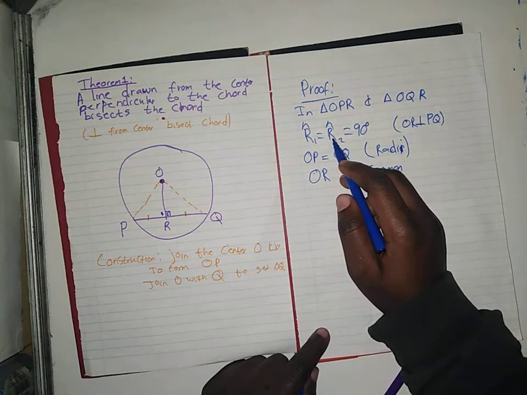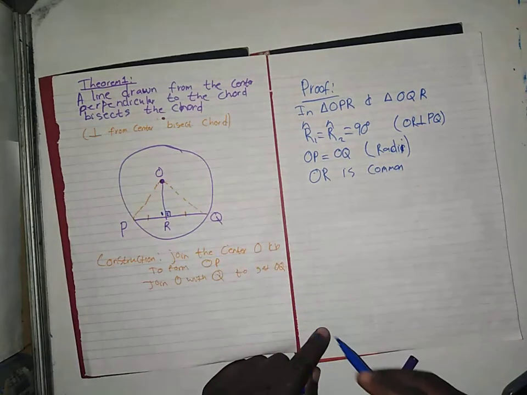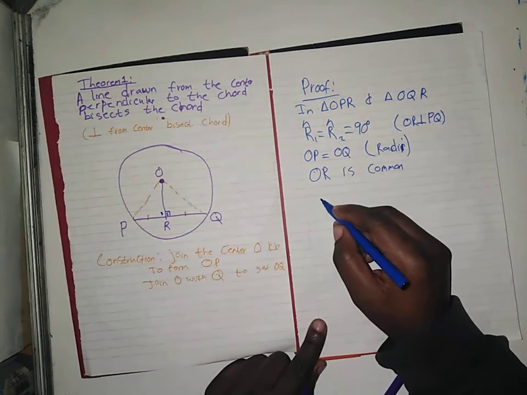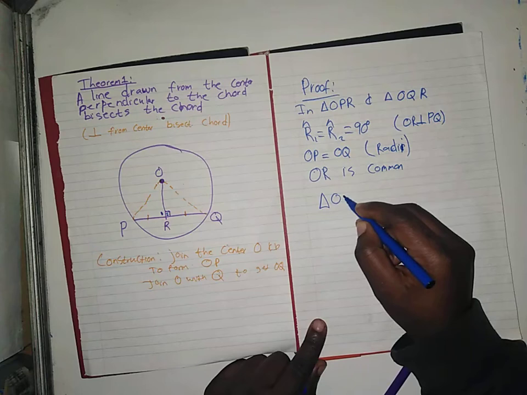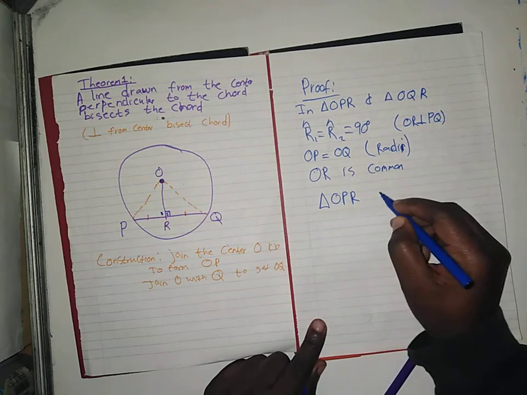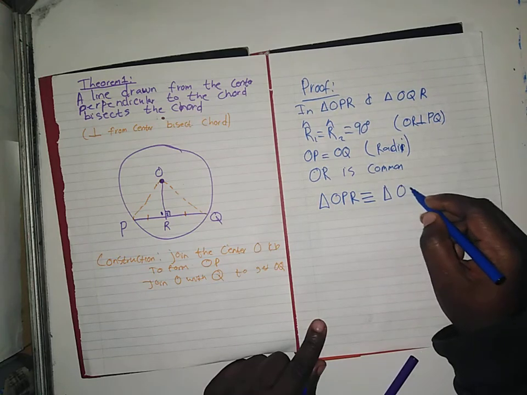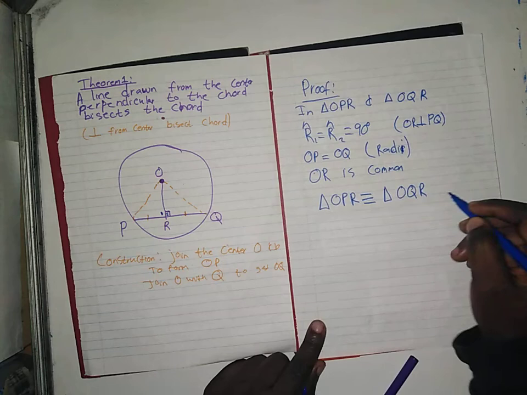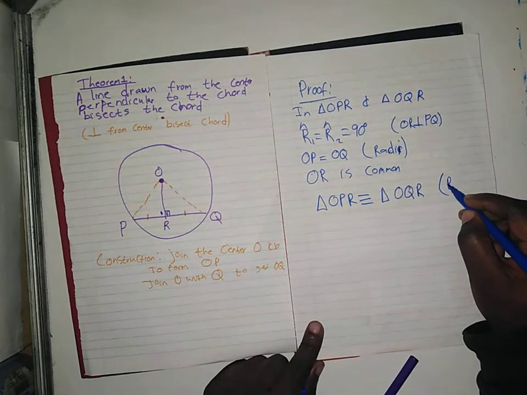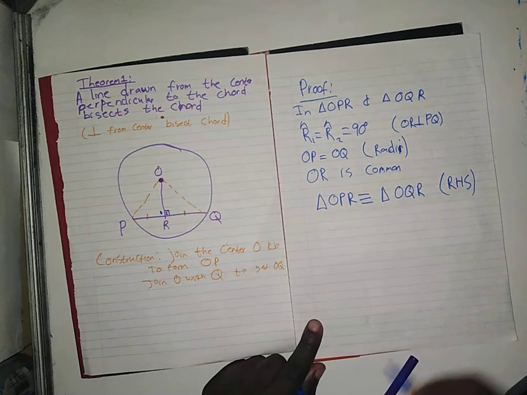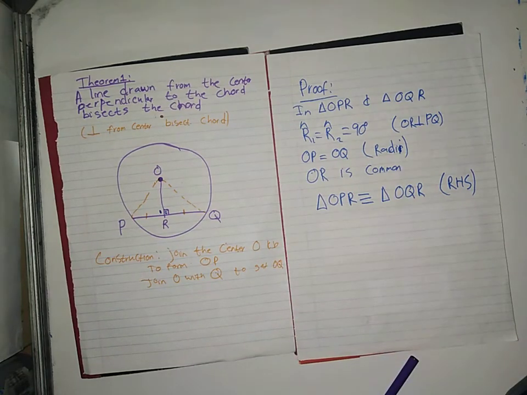So from this and the above triangle, you can then see that triangle OPR is congruent to what? To triangle OQR. And then what is the reason? It is the right hand side. Okay, if you have forgotten how to do this, there is a video in this channel called Congruent Triangles. Go and look at that video so that you can recap how to deal with congruence, so that you can understand what is happening here.